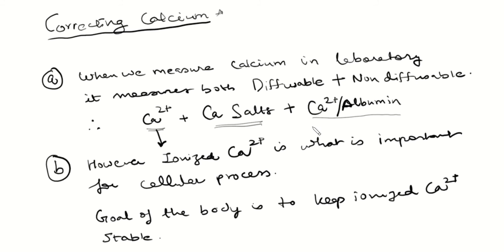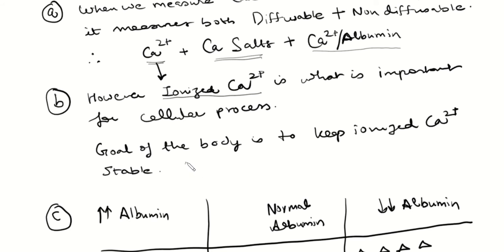Perfect. So between these three, what is really important to the body is ionized calcium, right? And so the goal of the body is whatever happens, I want my ionized calcium to be stable. Okay? I want my ionized calcium to be stable. And that's what our body is targeting.